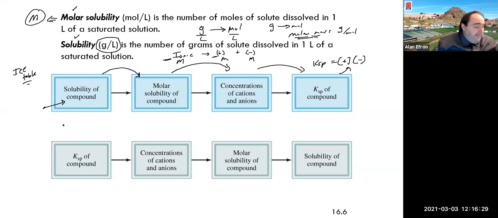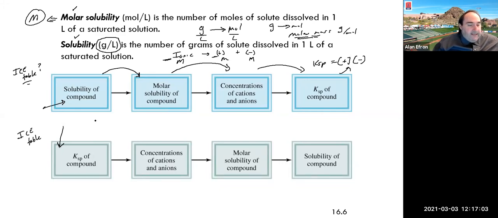Now, there's another type of problem where for sure you need to use an ice table. I'll put a question mark on that one. This is a situation where the only piece of information they give you is, hey, this is the Ksp for this substance. What is the solubility? And that's it. They give you no concentrations, nothing else. They just say, what is the solubility of silver chloride in water, for example. In that situation, you do have to do an ice table.